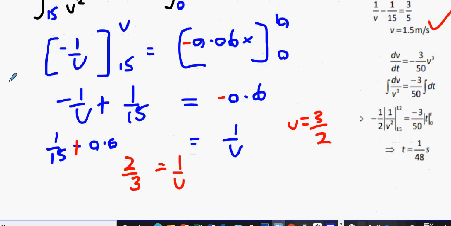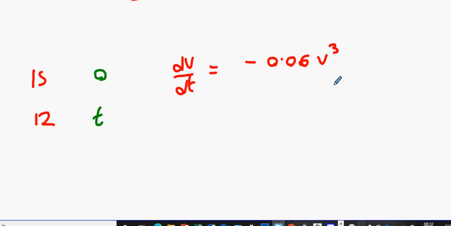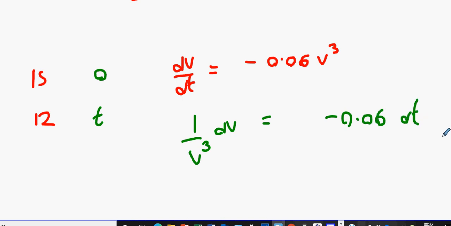Okay. Now, 1 over phi cubed dv equals minus 0.06 dt. Smashy smash, right. Phi to the minus 3.